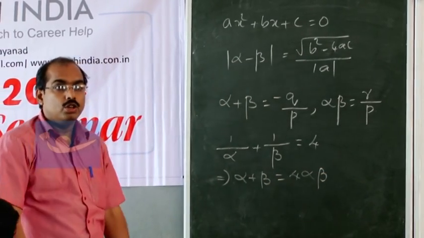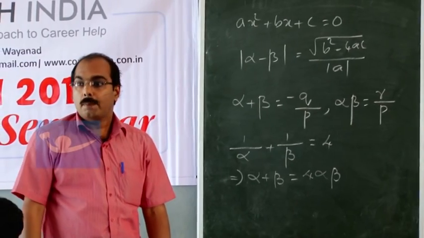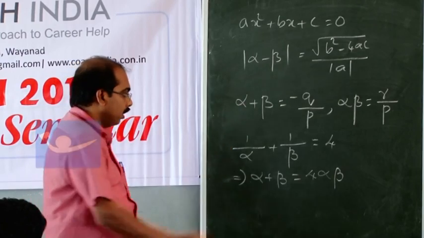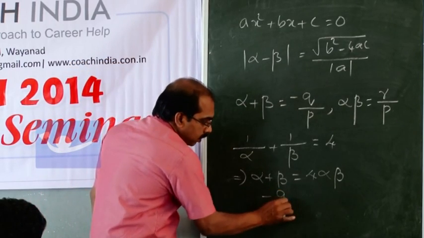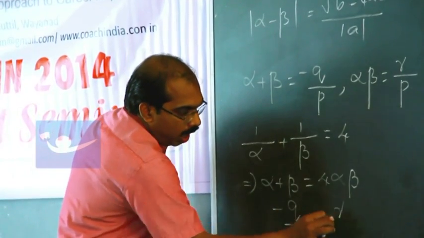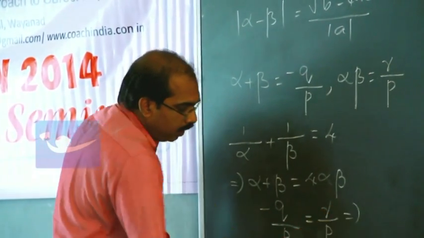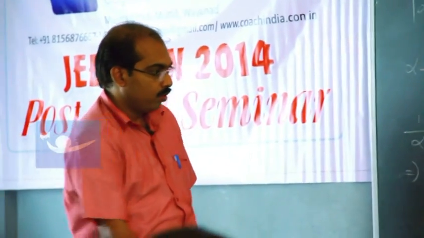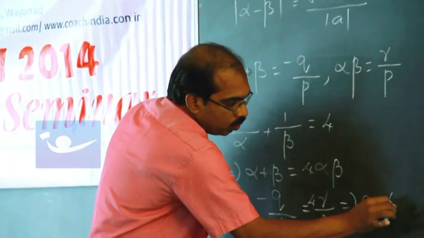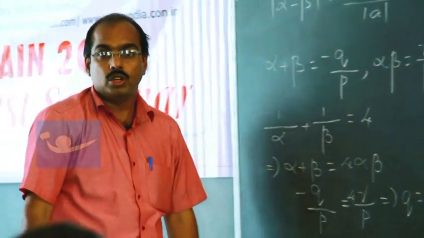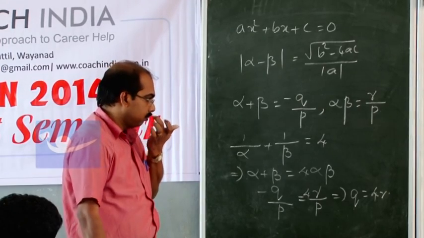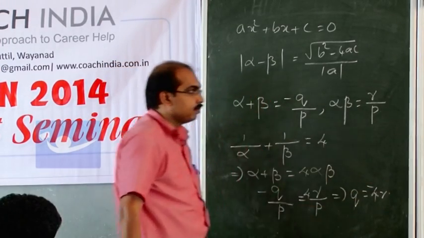While substituting, we have minus q by p equal to 4 times r by p. We can have q equal to minus 4r.